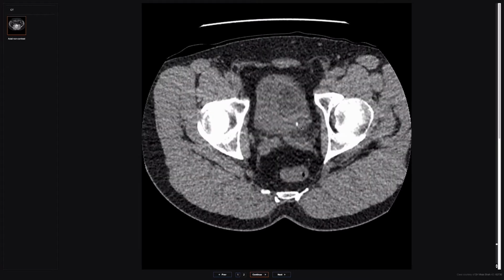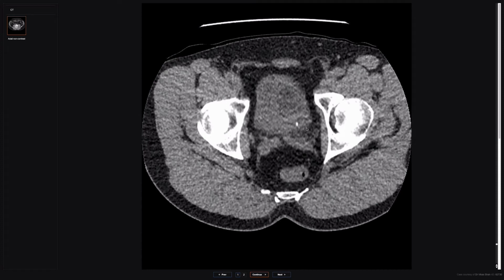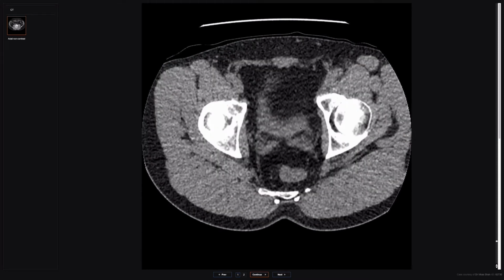If this patient's stone was free in the bladder, it would be lying here anteriorly because of the effect of gravity. But the fact that it's lying here tells us that this is still within the distal ureter, so it's about to be pushed down to the bladder.